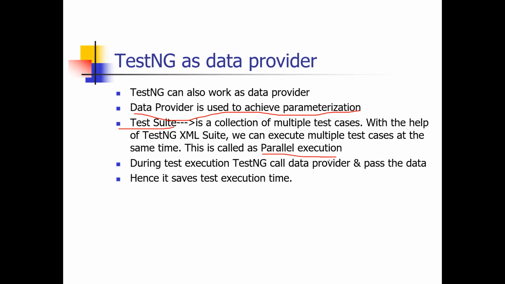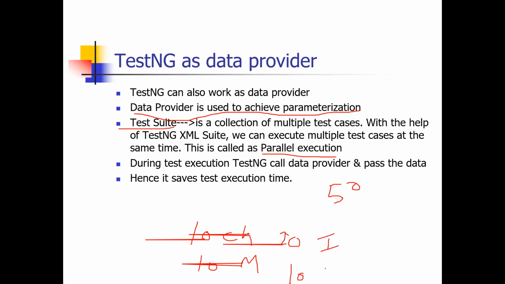That's called parallel execution. Suppose we have 50 test cases: 10 for Chrome, 10 for Mozilla, 20 for Internet Explorer, and 10 for Firefox. And we want to run all these test cases at the same time.